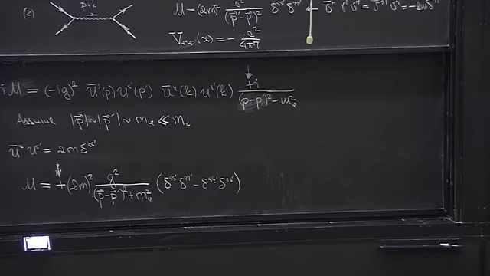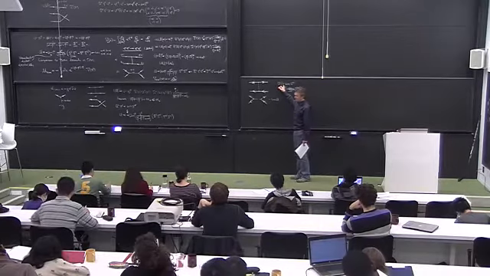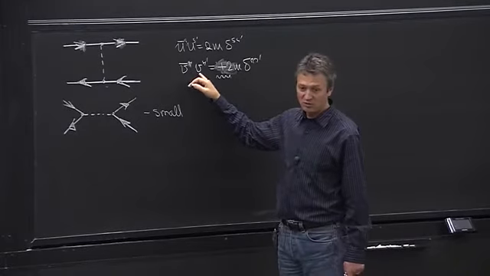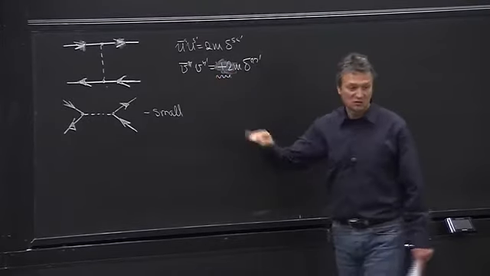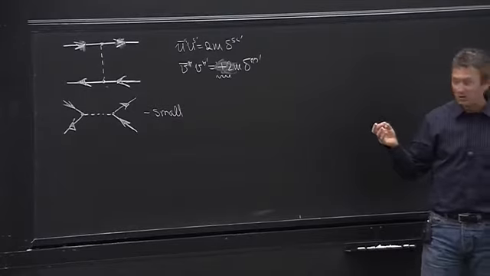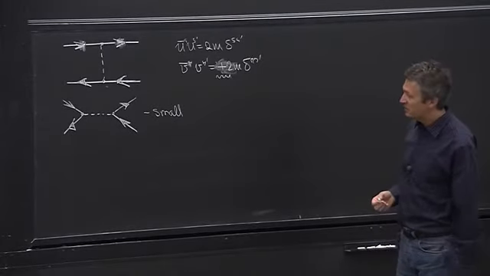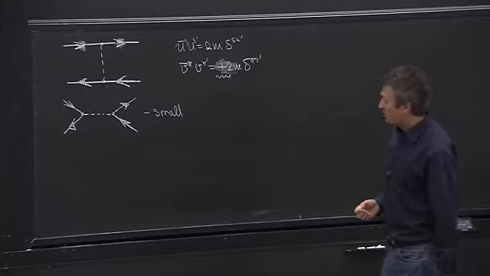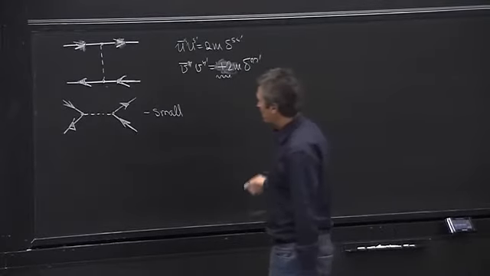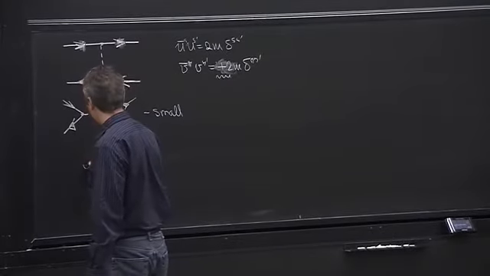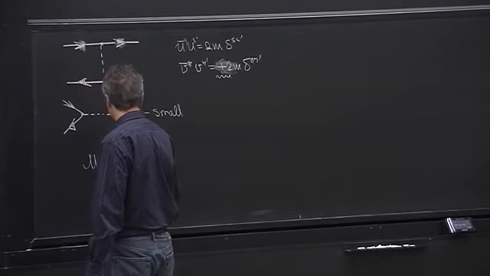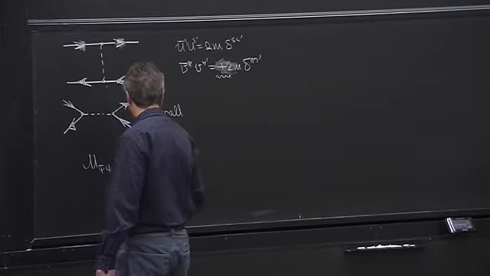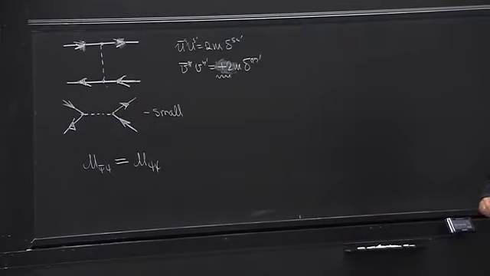But this relativistic product of spinor wave functions does not change sign between electrons and positrons. It's always normalized to plus 2 times m. So this is a crucial difference. This means that the amplitude that we will compute here is the same as for the scattering of like charges.